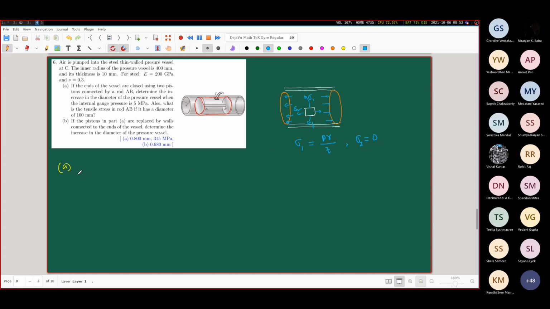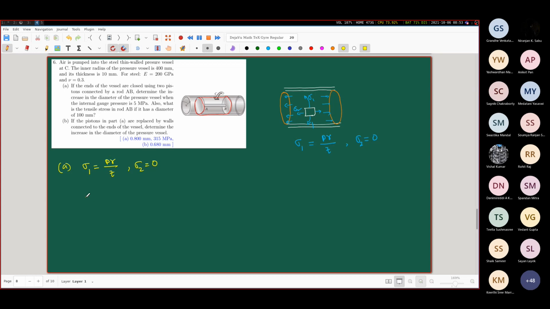Fine, we can find out the hoop stress PR by T. You will get something, and from that you can also find out the increase in the diameter of the pressure vessel. So sigma 2 is equal to 0.